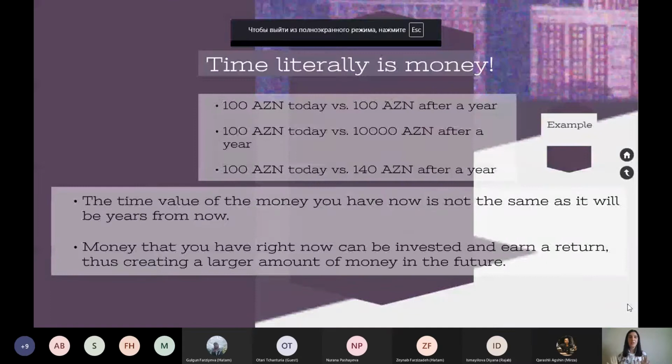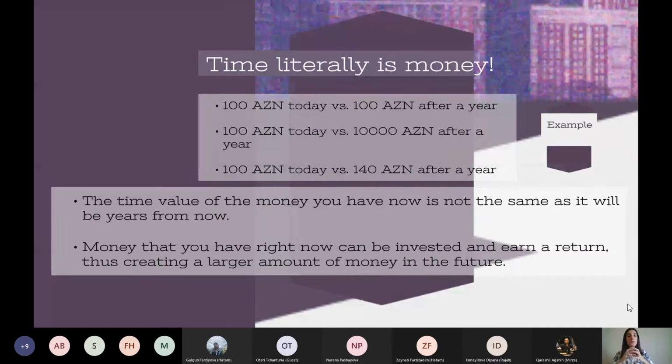Before starting, I would like to say the time value of the money you have now is not the same exact amount as it will be years from now. It means that 100 manats today is much more valuable than 100 manats after a year.